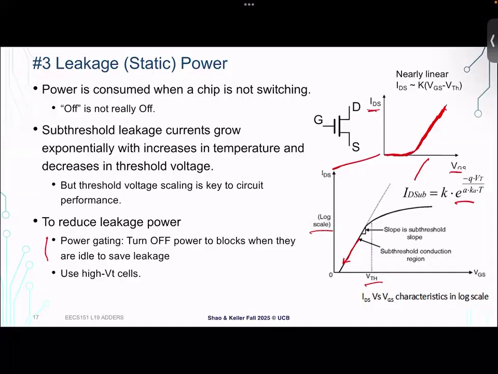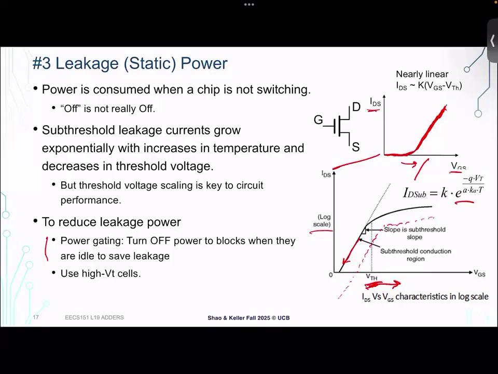The other thing we can do is try to adjust this threshold voltage. In particular, if we adjust it to the right, if we set the threshold voltage to be larger, you can see how that's going to more firmly shut off the transistor by the time this curve gets to 0, right? Because the curve of a high VT cell might look something like this.